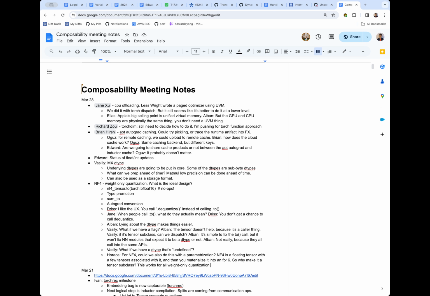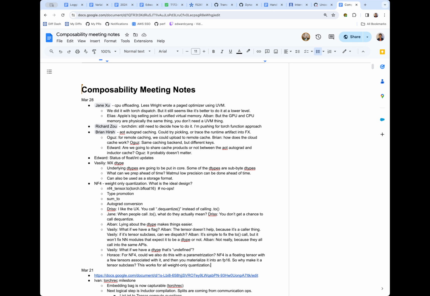What we really care about here is taking people's existing modules and being able to transform them in a composable manner. And the enemy, the thing that we're trying to prevent, is essentially module swaps, which is the standard thing that people do, but that we think has issues with composability.